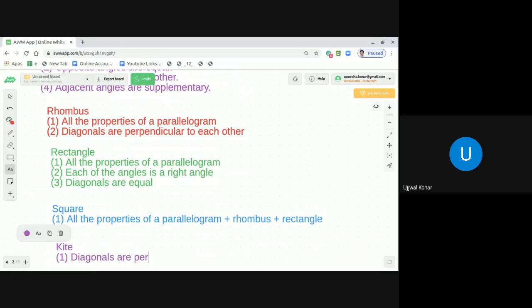Diagonals are each other. And the second property, dear students, is that one of the diagonals bisect each other.